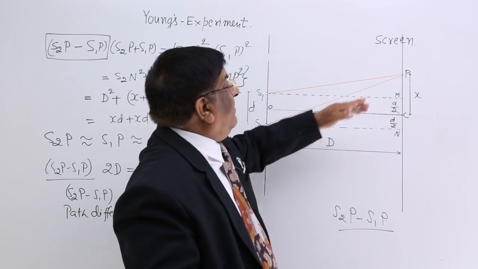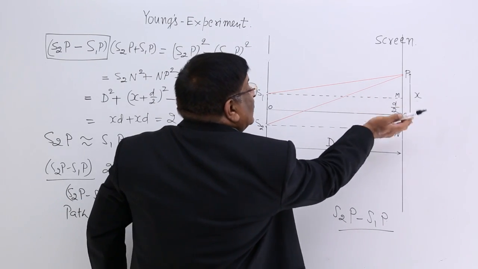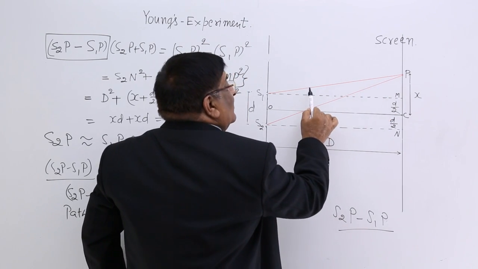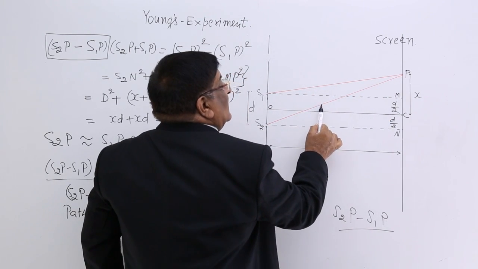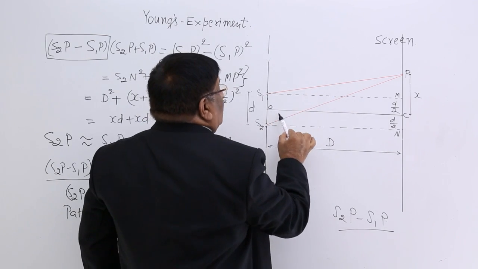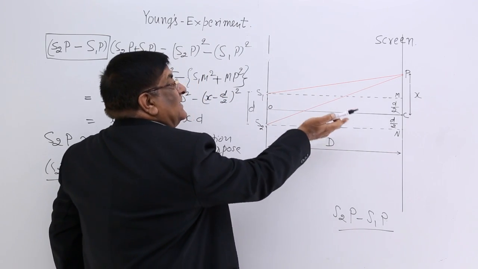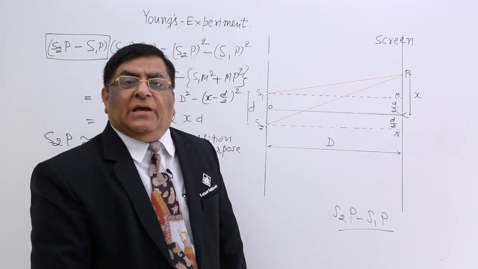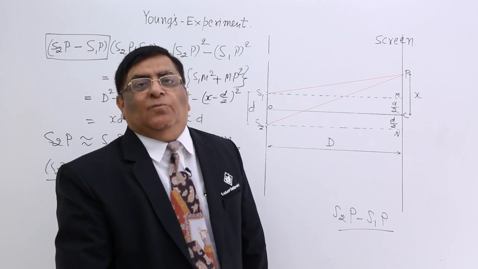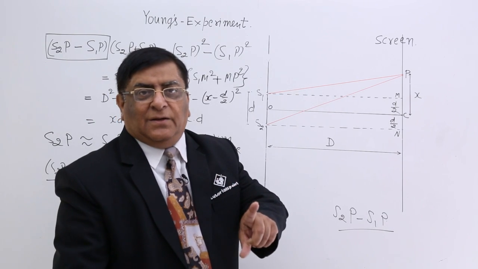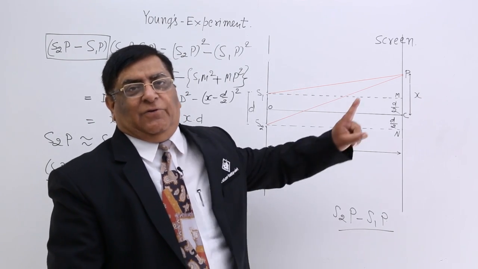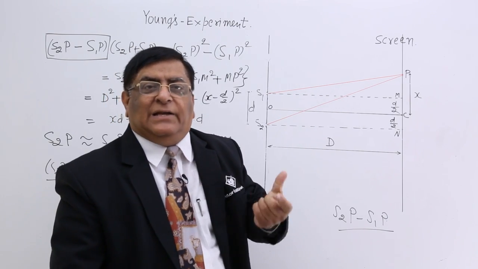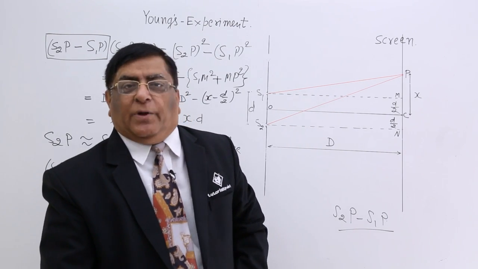But when we go up, this side goes on increasing in length and this side also increases, but this increase is less, this increase is more, and the path difference goes on increasing. Now we know the condition. If this path difference is a multiple of half lambda, then it will be a dark point, and if it is a multiple of lambda, then it will be a constructive superposition.